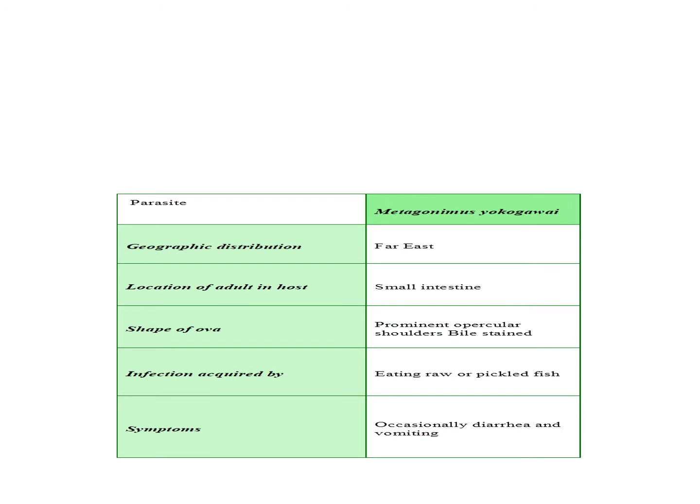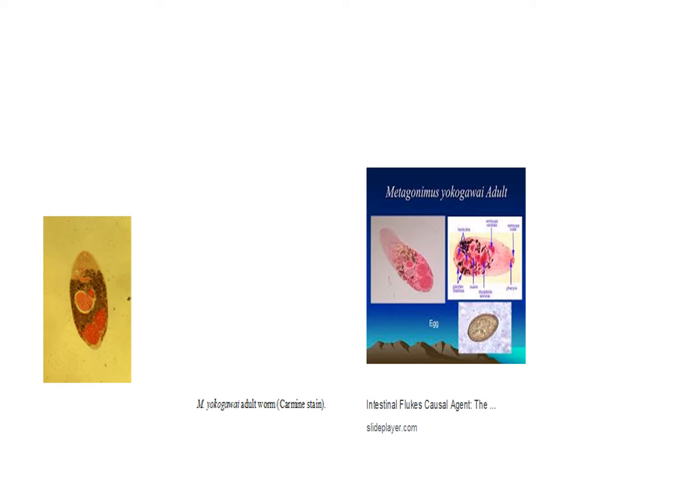Now this slide can show you the morphological form of stained slides of Metagonimus yokogawai, the smallest nematodal fluke.